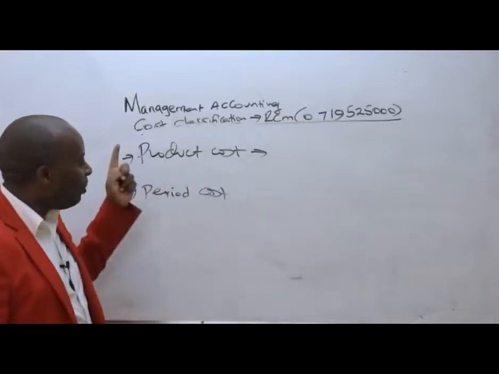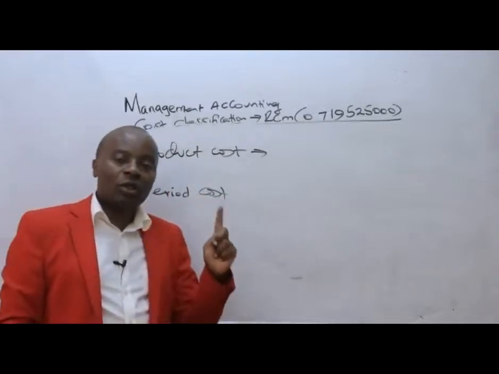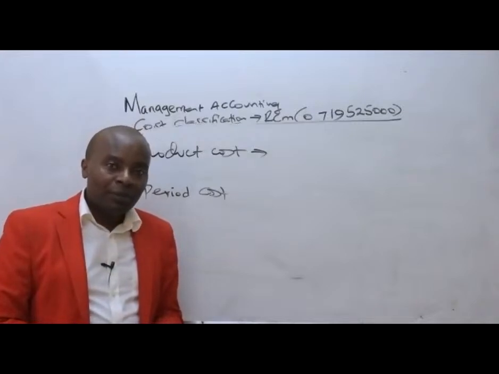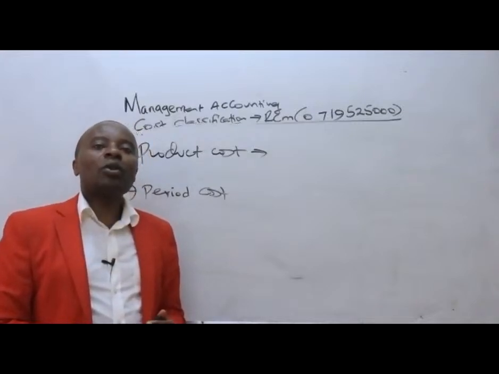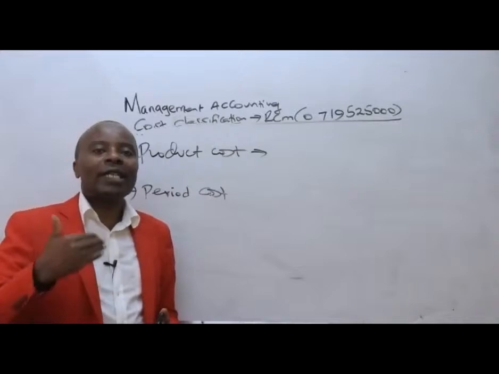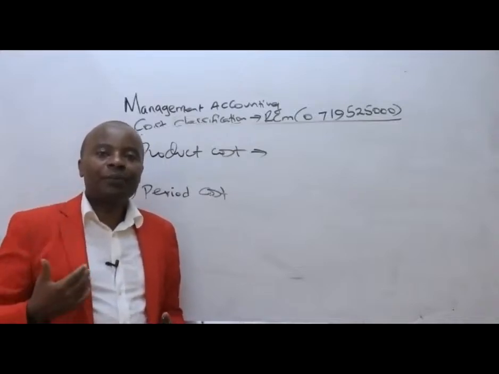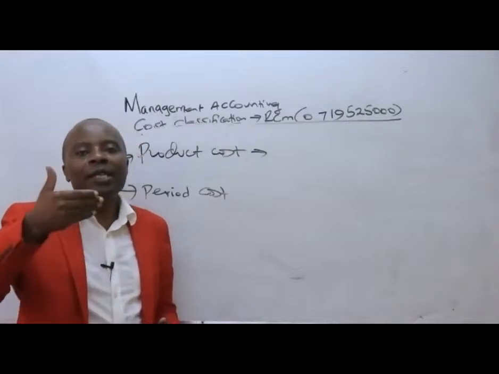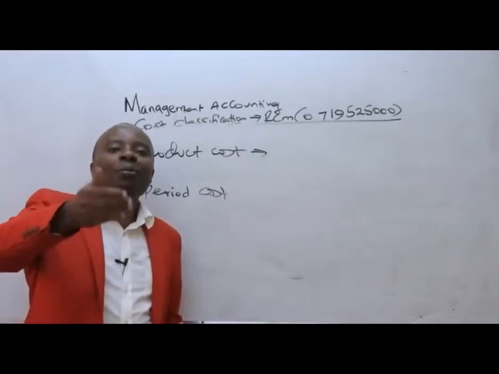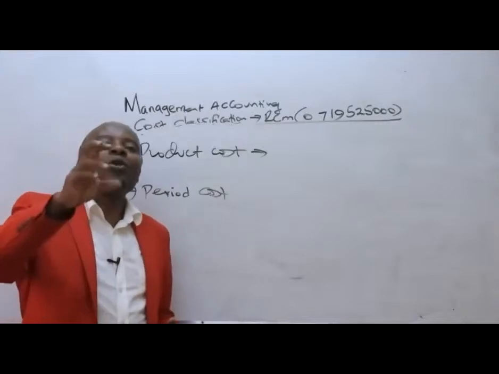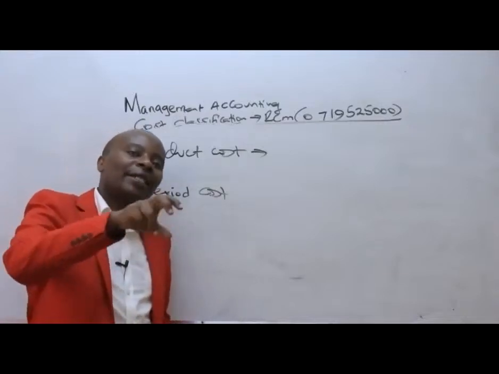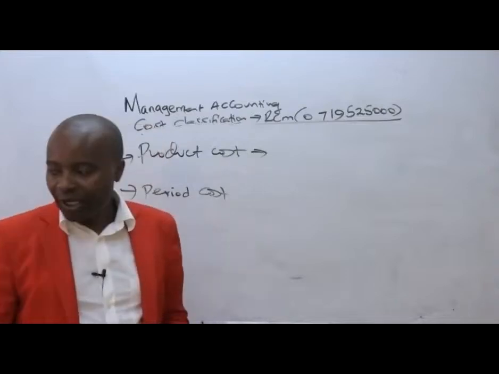And then we have periodic costs. These are those costs that are uncontrollable. Ladies and gentlemen, whether you like it or not, they have to be incurred because they are time-based. For example, salary is paid on a monthly basis, rent is paid on a monthly basis. They do not have any direct association to our inventory.